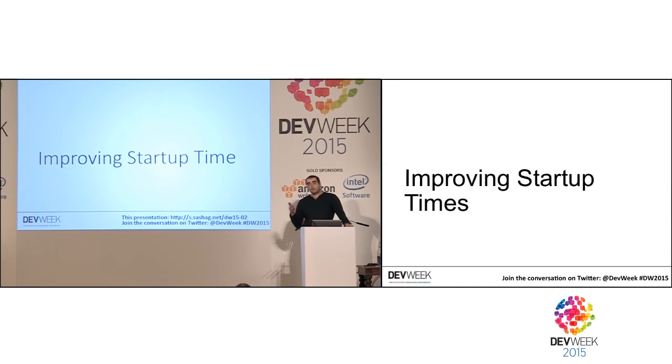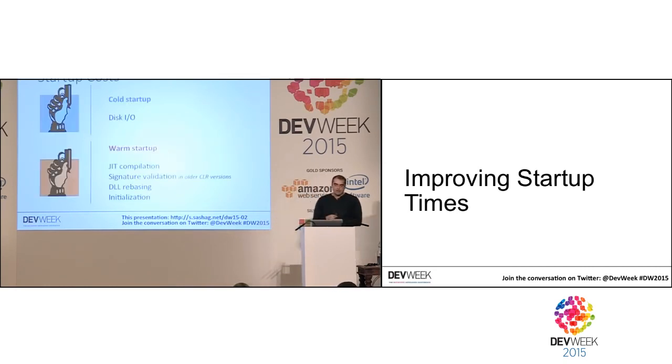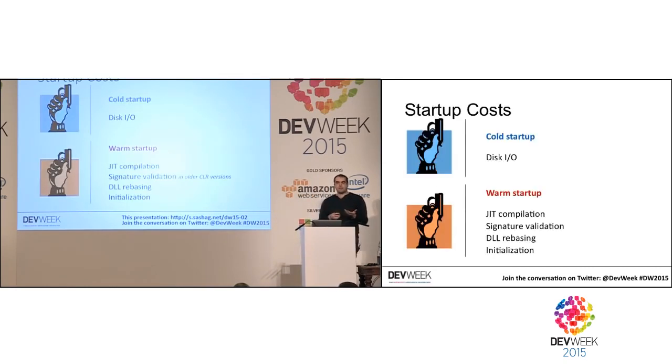So I'd like to show you several techniques for this. Some are more approachable, so you can try them out really quickly, and some require significant investment, but you should know your options. So what are the startup costs that we're trying to optimize here? For cold startup, from my experience anyway, most, if not all, of the cost is disk I/O.